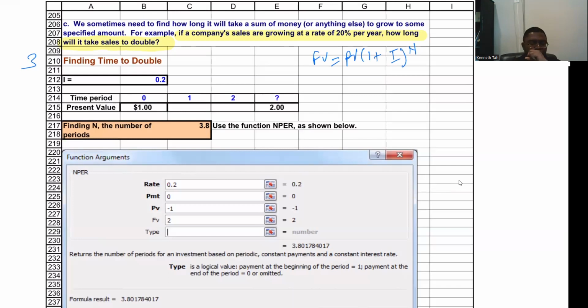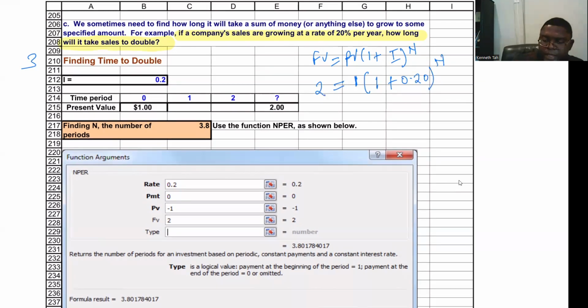We are not given present and future value, but we are told how long it will take for sales to double. So if we assume a present value of 1, to double means that the future value becomes 2. 1 plus the growth, which in this case is going to be the interest rate of 20%, so this is plus 0.20, and we're interested in calculating n.